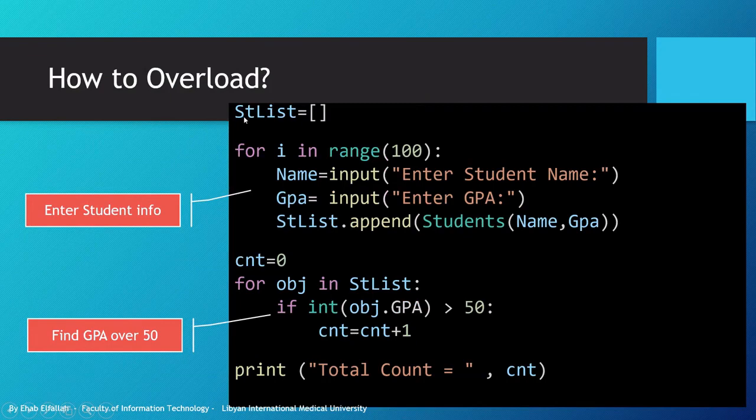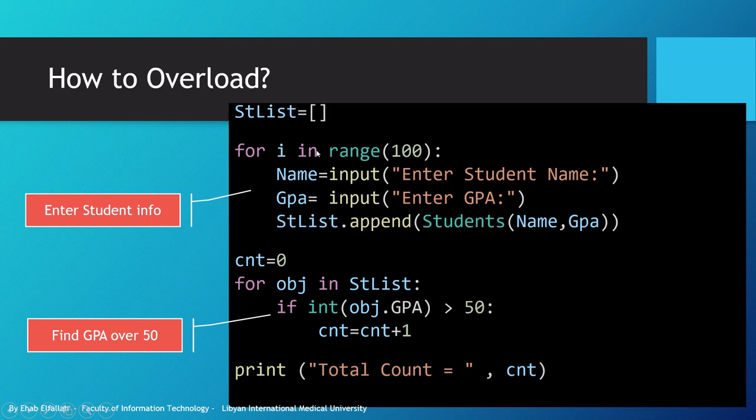We have to create a new, empty list. This is the step where we create a new list. Here we name it st list, the student list. Then we iterate over the numbers that we want. Here we have 100 students, so we start a loop with i in range 0 to 100.